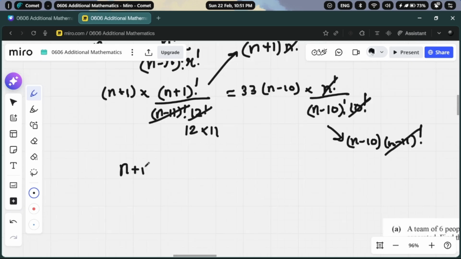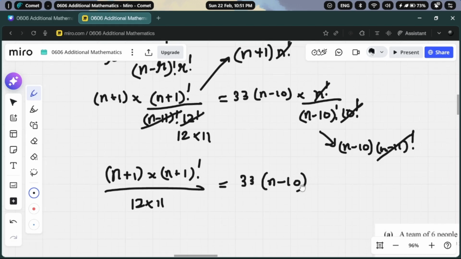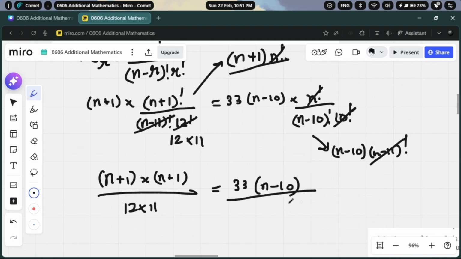Over 12 times 11 is equal to 33 times n minus 10. Oh, right, sorry. We cancelled this out to n plus 1. So you're left with n minus 10.